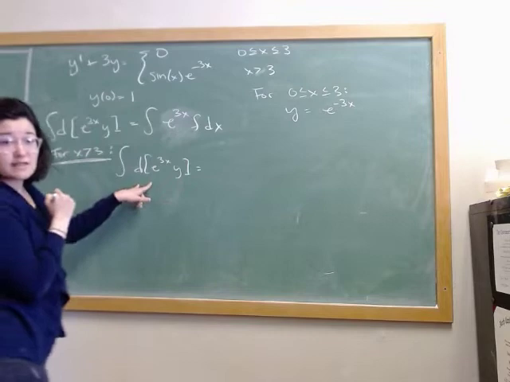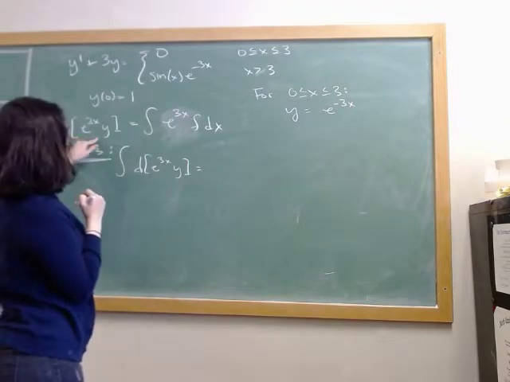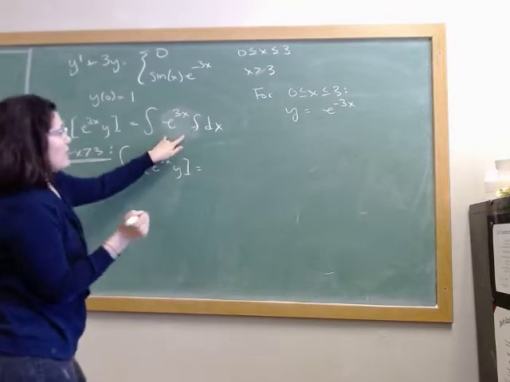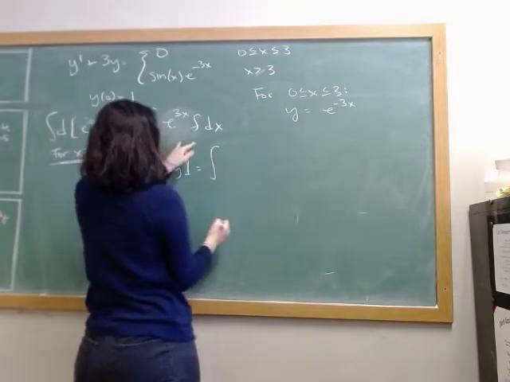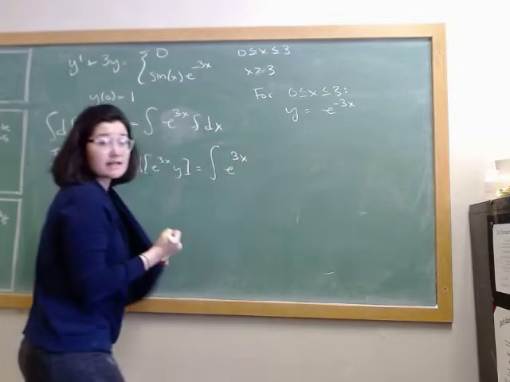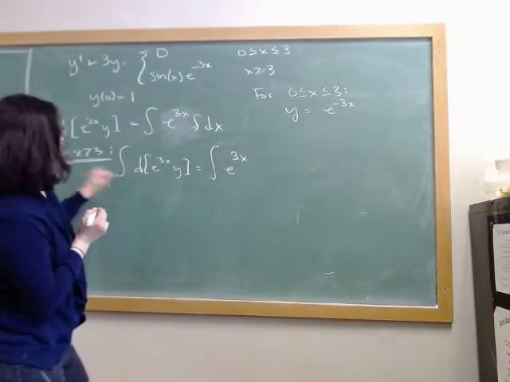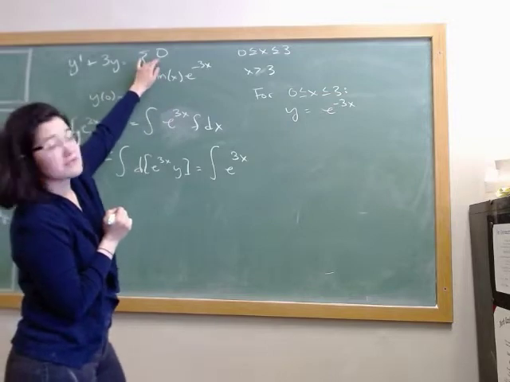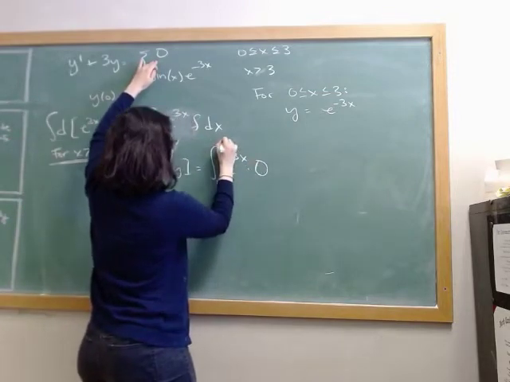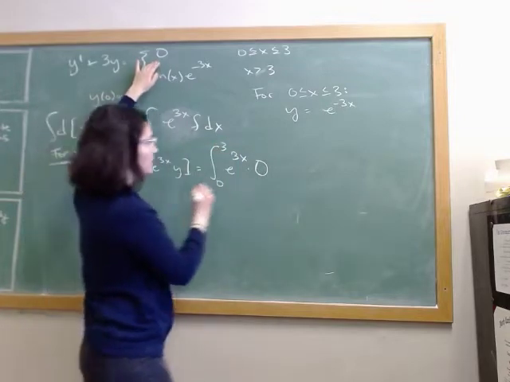So my left side stays the same. I'm still trying to integrate with respect to e to the 3x y. And my right side, e to the 3x f, is what's going to change. So my function f for x bigger than 3 spent some time at 0 until I hit 3 in x.